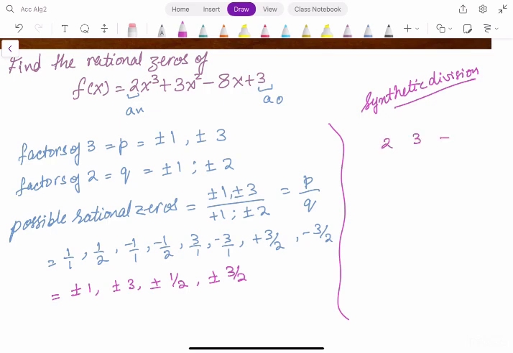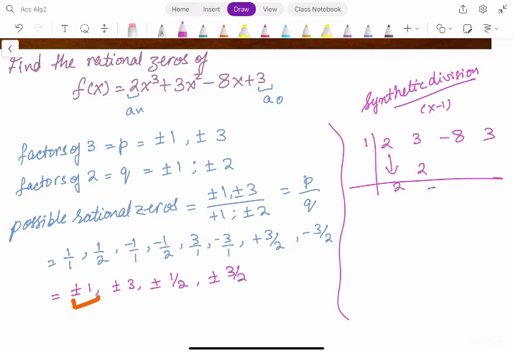We will write all the coefficients and we will take one of the factors. So let's take 1 as the factor. That means x minus 1. So x minus 1 will be x is equal to 1. So k is 1. So remember, we do diagonal multiplication and vertical addition.